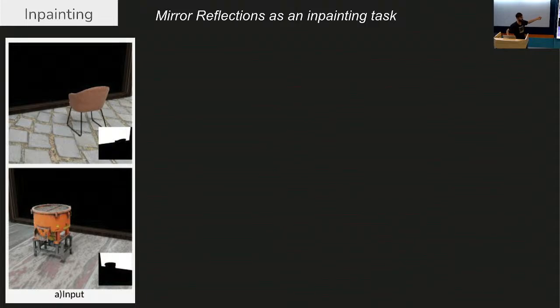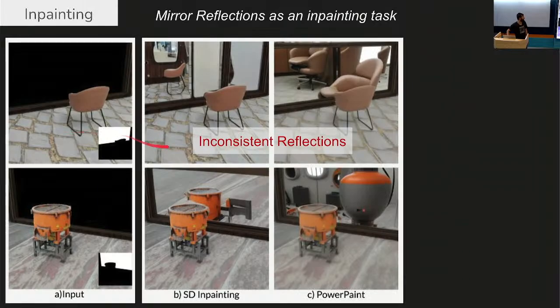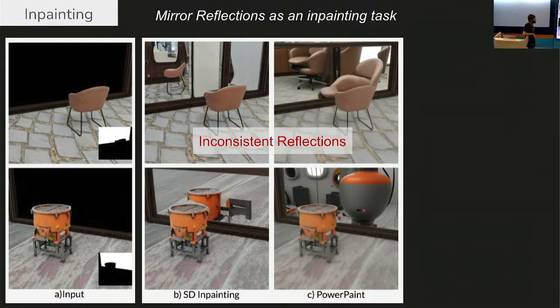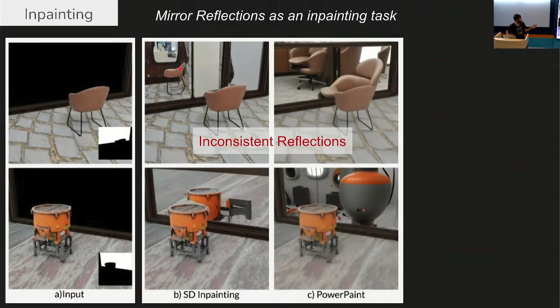But this is much more challenging. You actually want to have consistent 3D geometry of the scene in the reflection. So if you use existing models, Stable Diffusion in-painting or PowerPaint, another state of the art model, you give this input to that in-painting model, it generates something like this. You can see there are clearly some issues. The chair is rotated here.